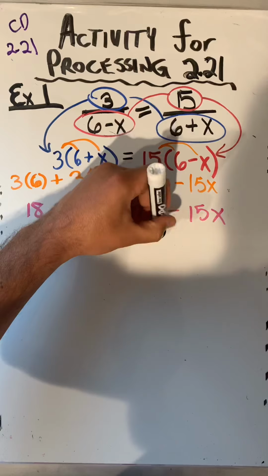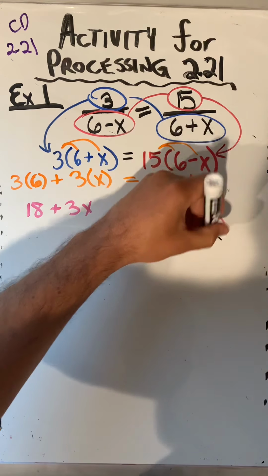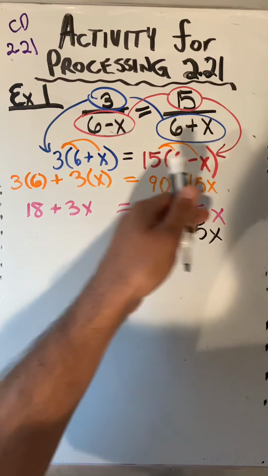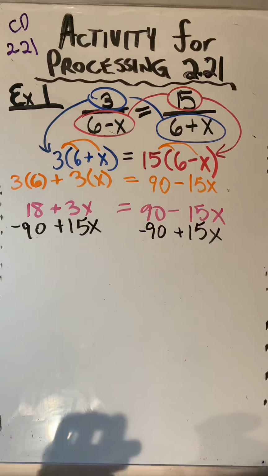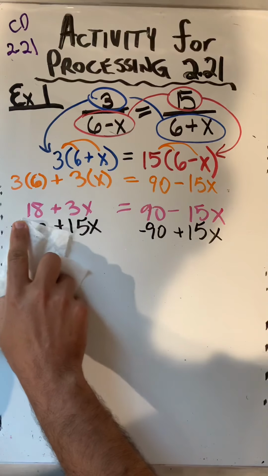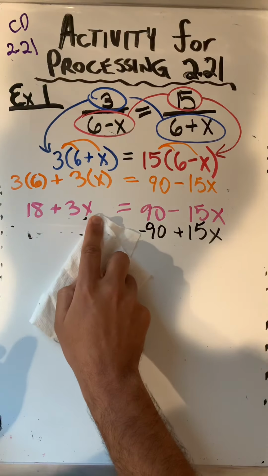We could subtract 90 and add 15x, which is the inverse of the pink values above. And if I do that to the right, I have to do it to the left. So you can actually do two steps at once. But what I'm actually going to do is one step at a time. That is a bit more advanced way of doing it.